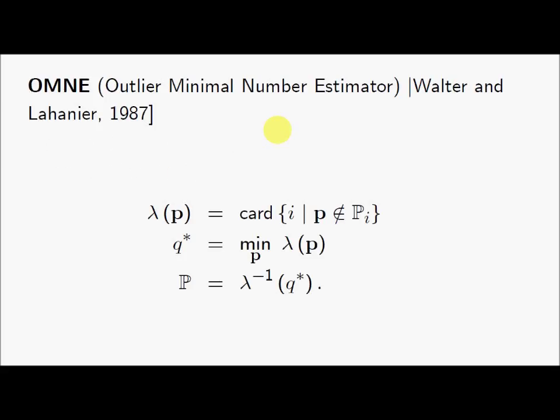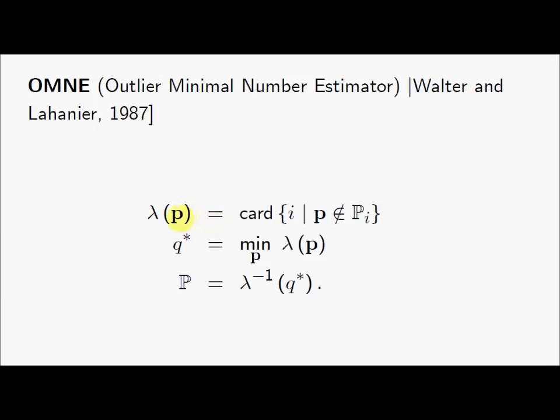So now I have all the tools to present the Omne outlier minimal number estimator, where the estimator tries to minimize the number of outliers for the parameter vector. It has been presented by Walter and Lanier in 1987.